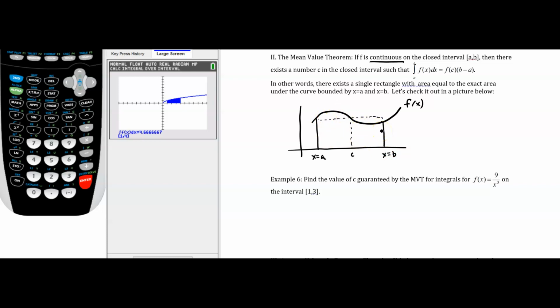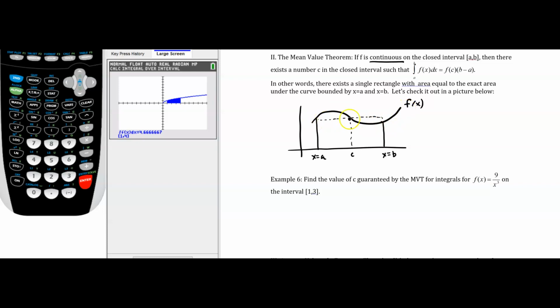And what the mean value theorem is suggesting is there is a place, kind of like how I've drawn in here, x equals c, and x equals c is in the interior of the interval. And x equals c leads to the height of a single rectangle that is going to perfectly provide that exact same area as the net area underneath the function.